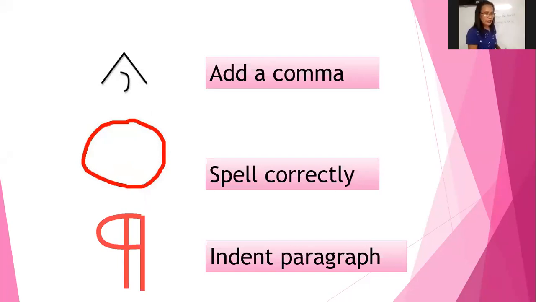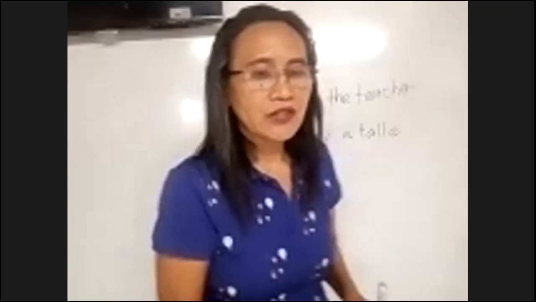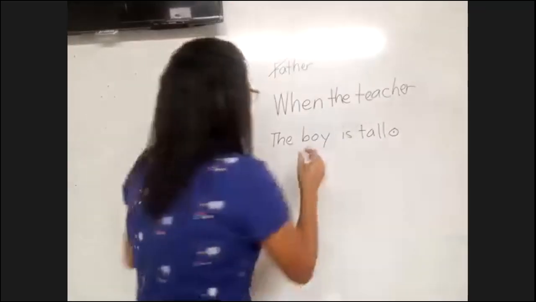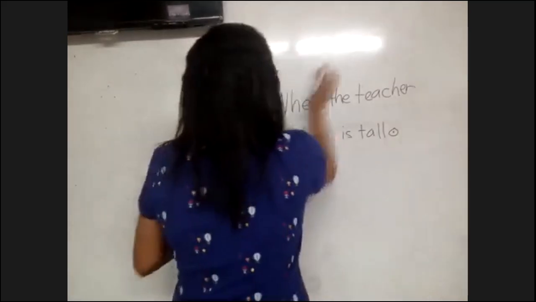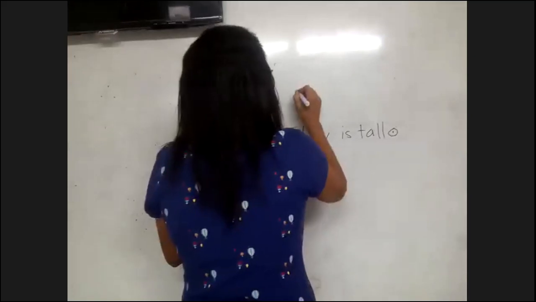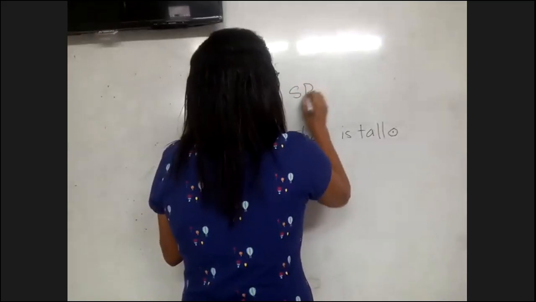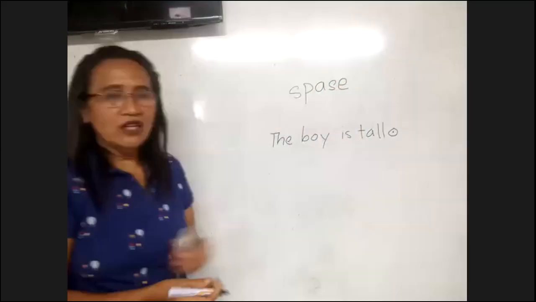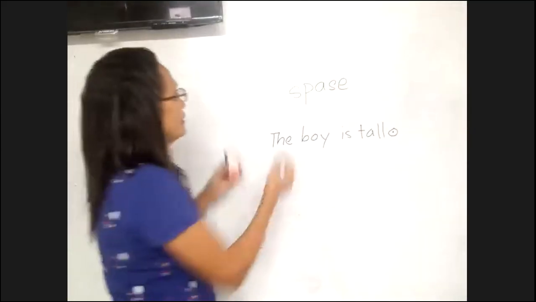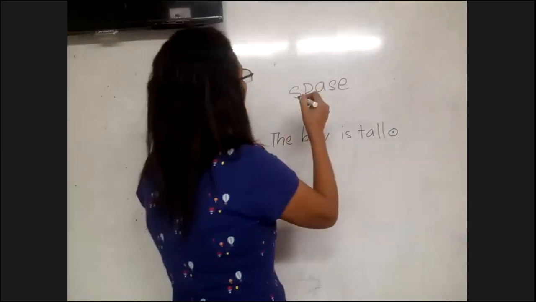The next one is a circle, but it's not only a circle actually. For example, the word is space, but you wrote it this way, with an S instead of a C. What will the proofreader do?